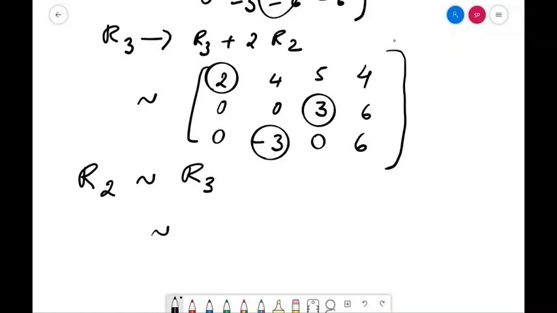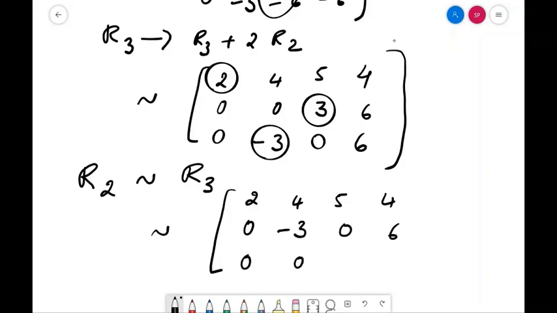Then it is transformed to 2, 4, 5, 4, and then 0, minus 3, 0, 6, and 0, 0, 3, 6. Because we should not have pivot entries towards the left side of the previous row pivot entries.